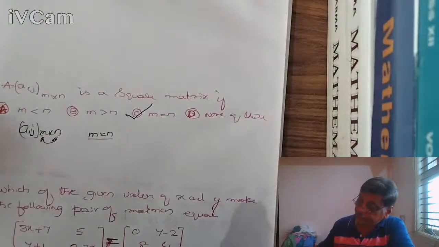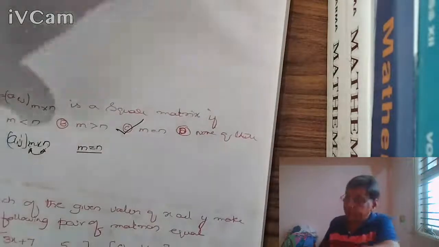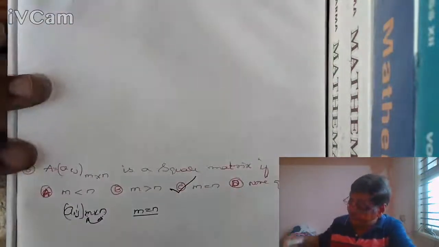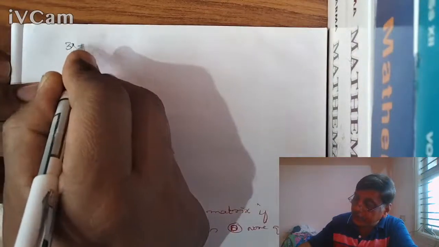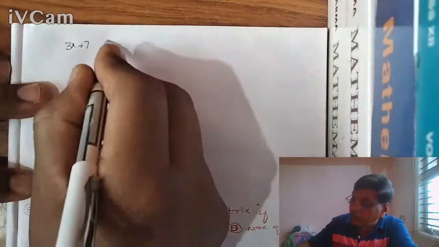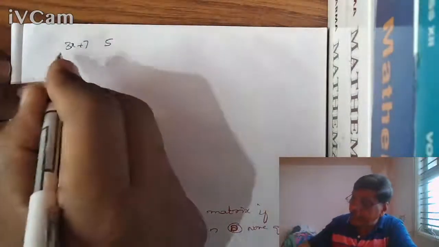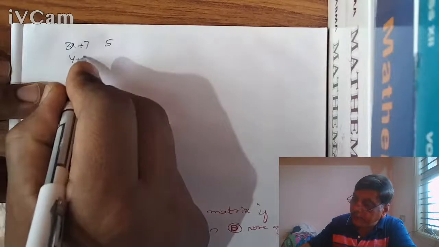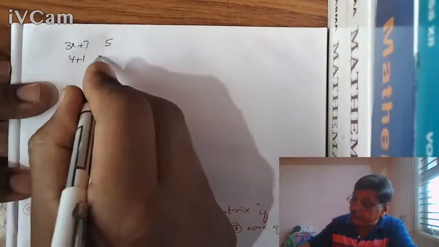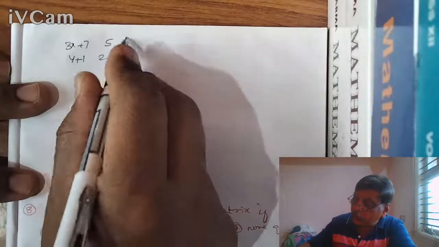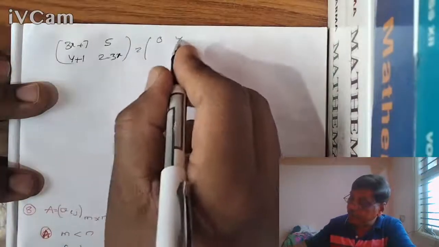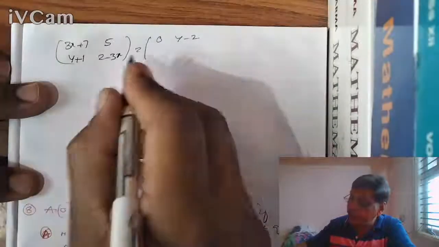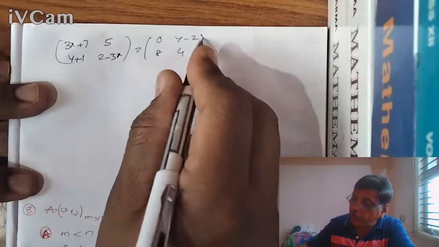So here I write it here itself. The matrix is [3x plus 7, 5; y plus 1, 2 minus 3x] equals [0, y minus 2; 8, 4].